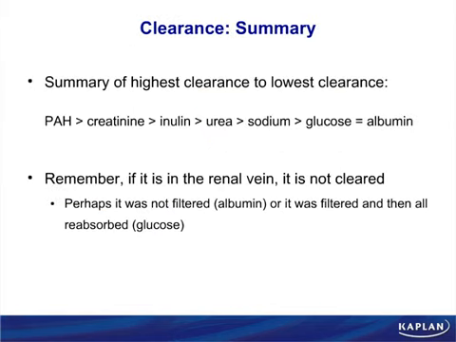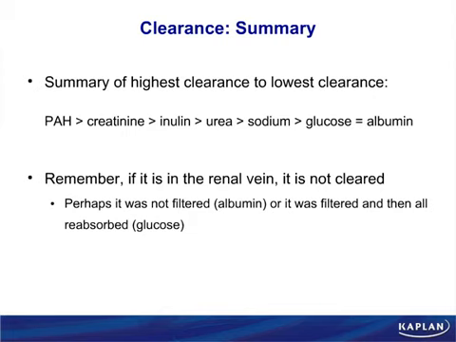So to summarize clearance from highest to lowest, PAH at low concentrations has the highest clearance pattern. Filter 20%, secrete 80%. You clear all the PAH, followed by creatinine, then inulin. Then urea.